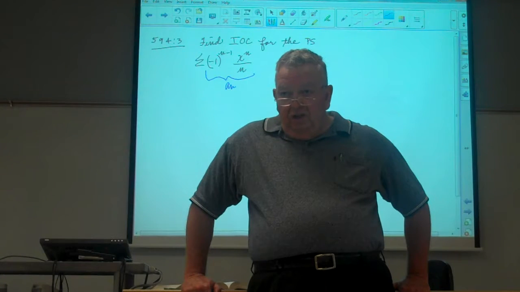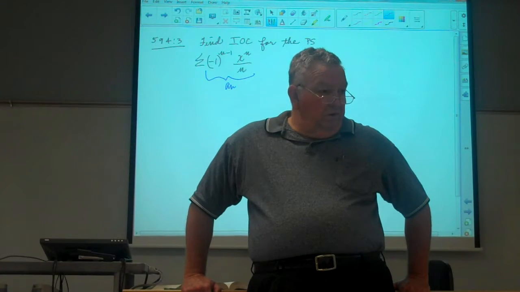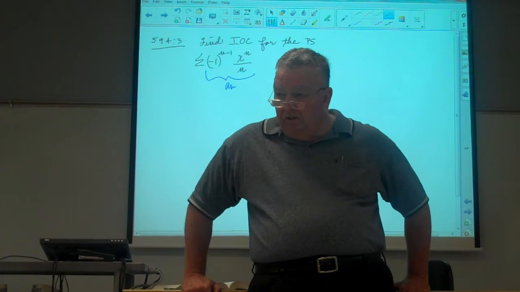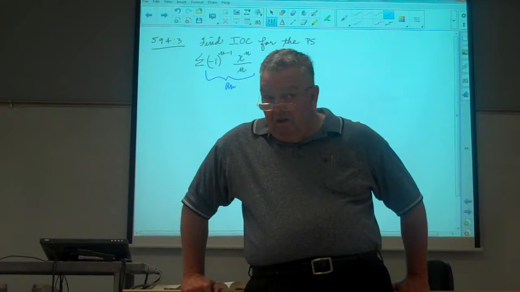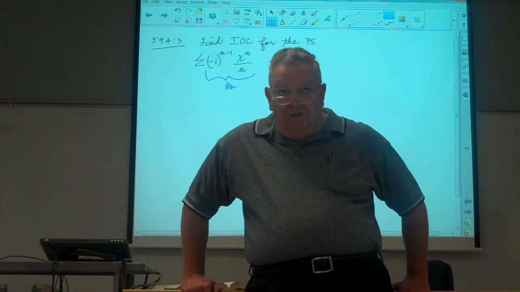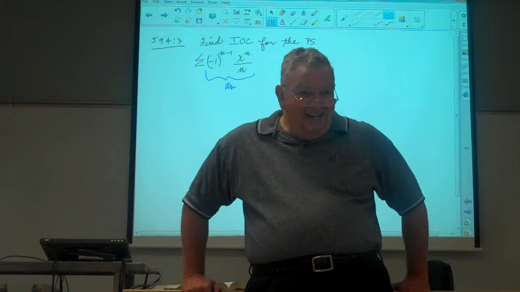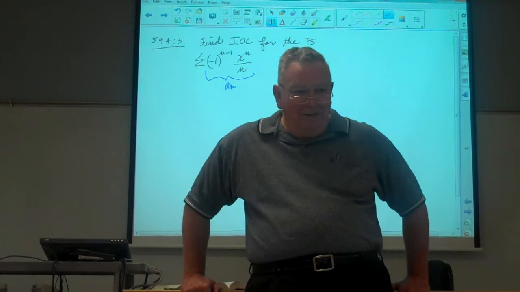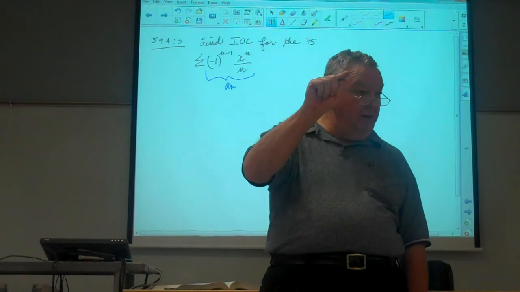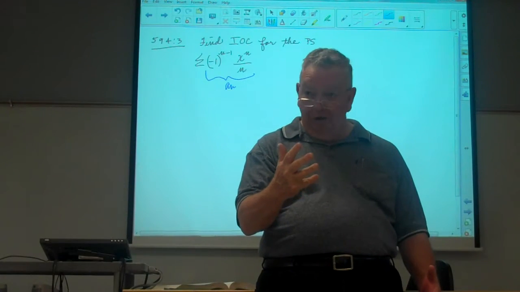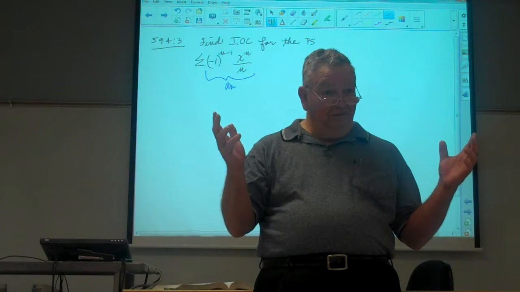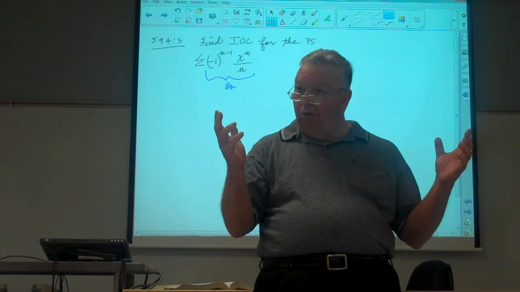The interval of convergence is the values of x that make that series converge. So if it diverges, what's the interval of convergence? Nothing. It does not exist. Not 0, because 0 is something. So you can't say 0 and nothing, right? I know. Don't we say stupid things in math? But do you follow what I'm saying? 0 is a number. So if you say 0, you're implying that a number works. By the way, that is the right answer. It's the single point 0.